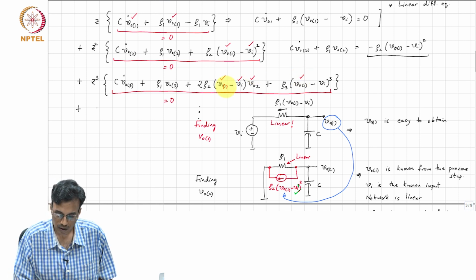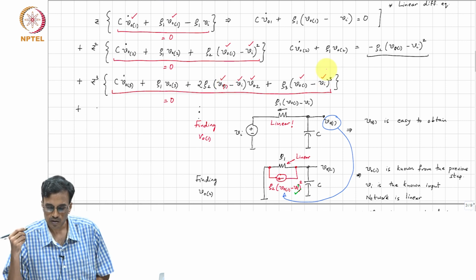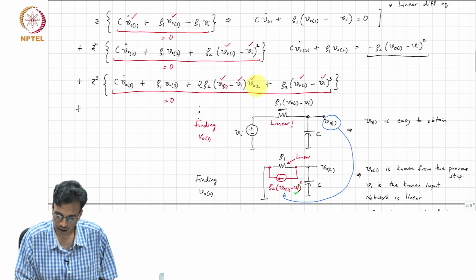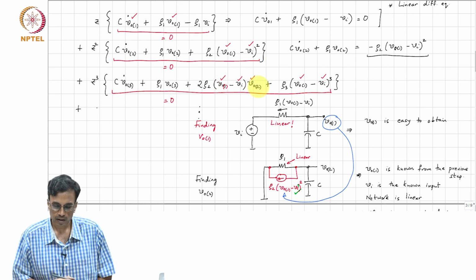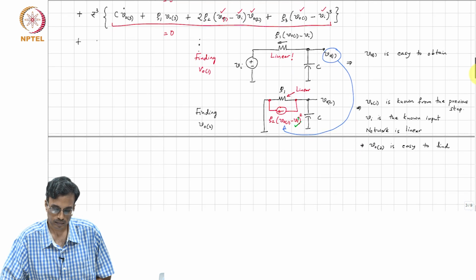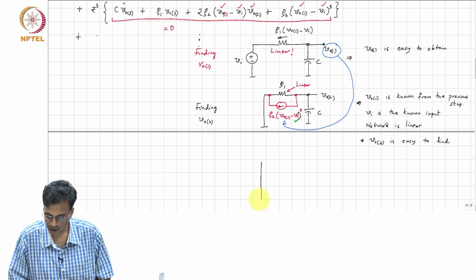VO1 is known from step 1. Vi is known, right. So basically we have everything that we need, correct. So what is the network now? Similar to the second linear network, we have two sources. Very good. So we have a linear network again.